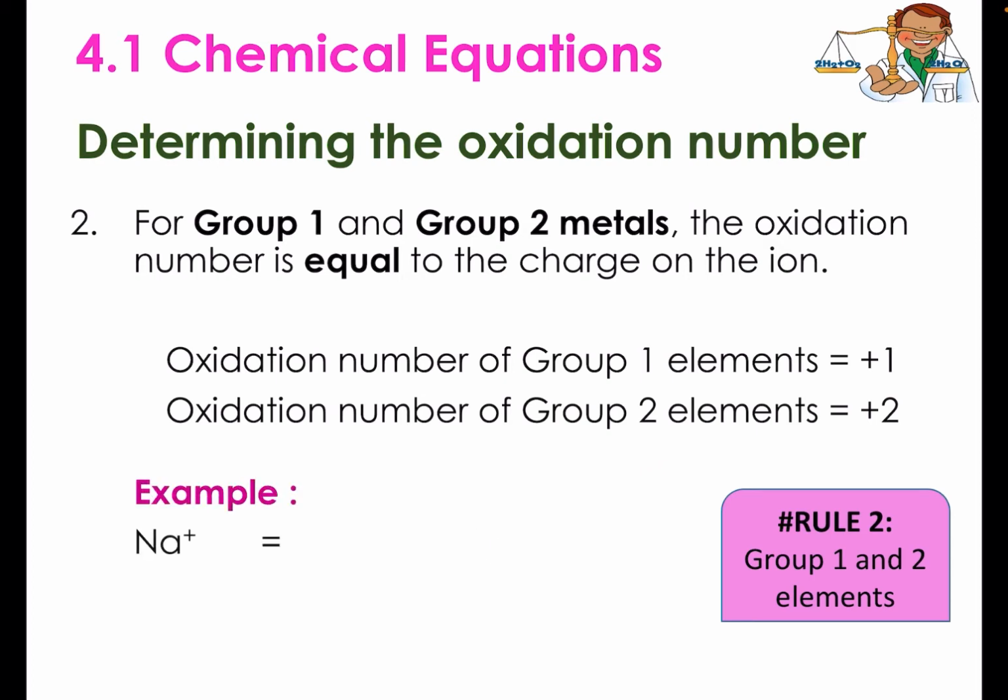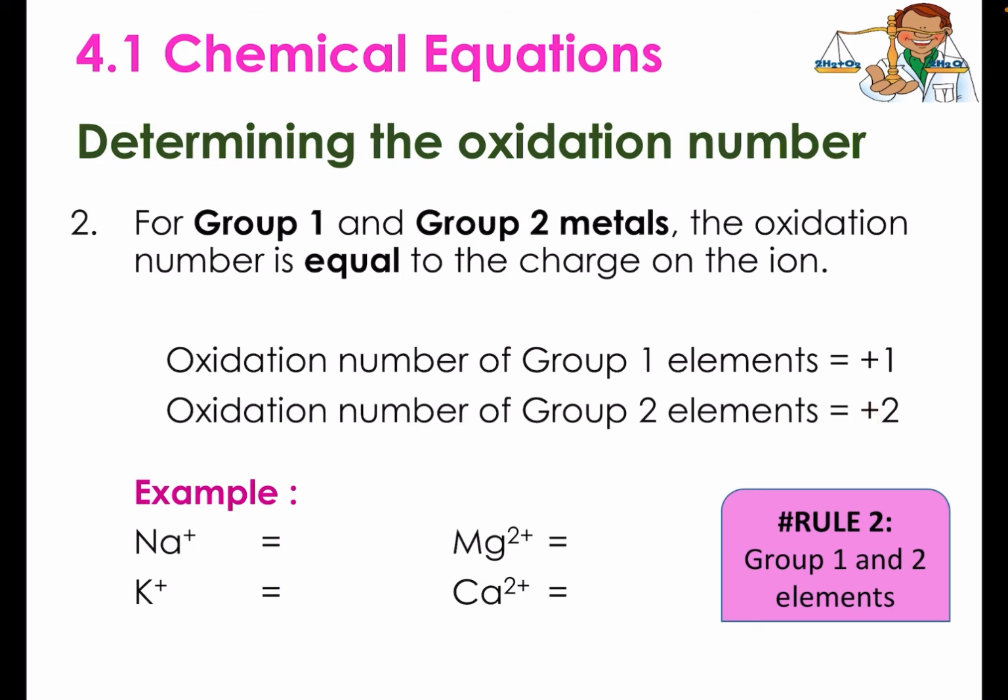I have Na+, Mg2+, K+, and Ca2+. So this is how you write them as ions. But in order to write your answer for the oxidation number, you have to put the value, and please remember, don't forget to put the sign, either positive or negative. In this case, it will always be a positive sign, so you have to put the positive sign in front of the number.